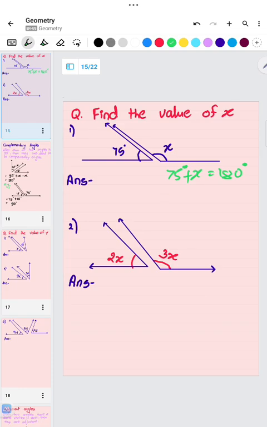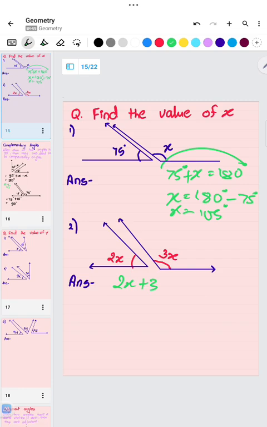Okay, then x is equals to 180 degree minus 75 degree. There is plus, here goes minus. Okay, so x is equals to 180 degree minus 75. It is 105 degree.